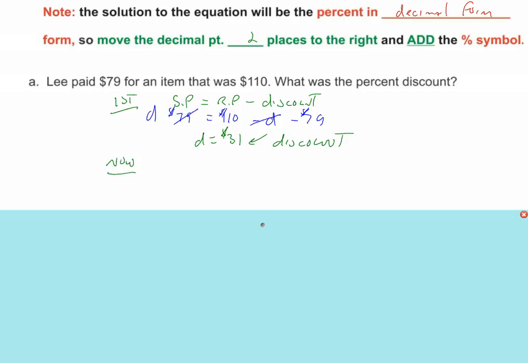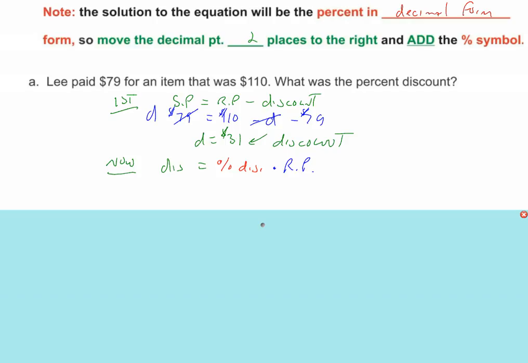Now that we have that, we're going to use the formula: discount equals percent discount times the retail price.